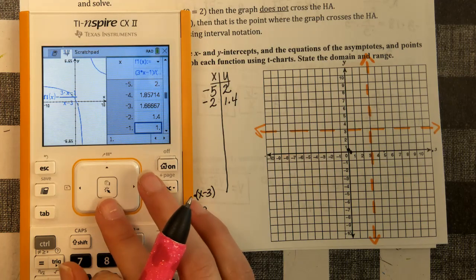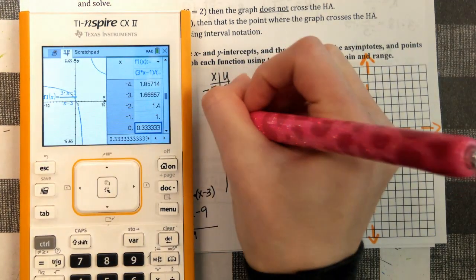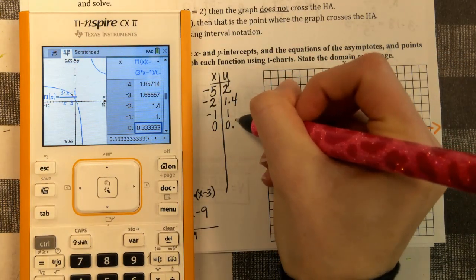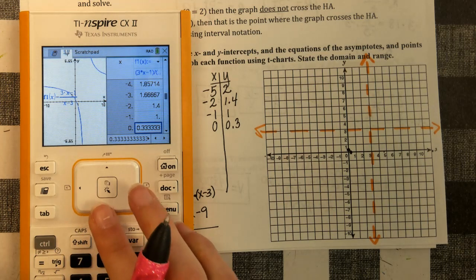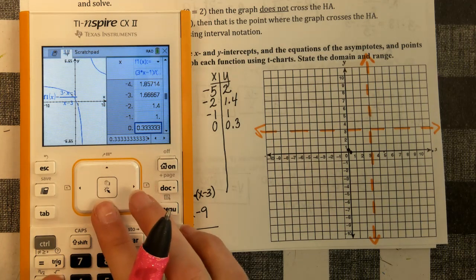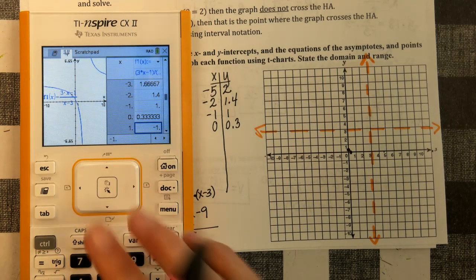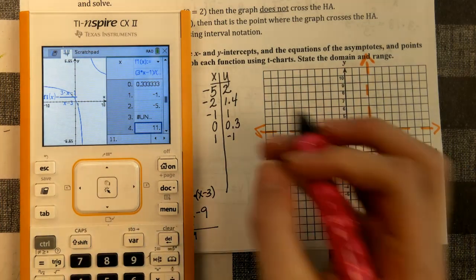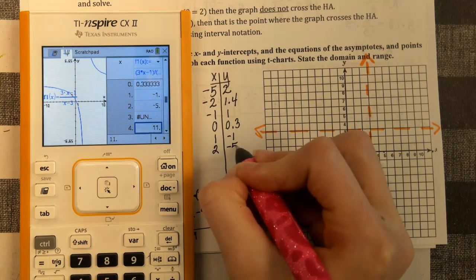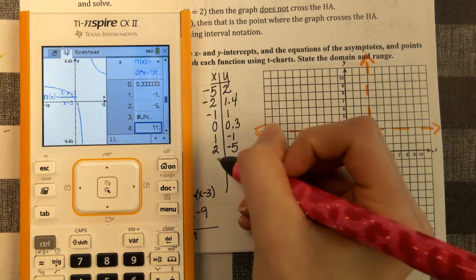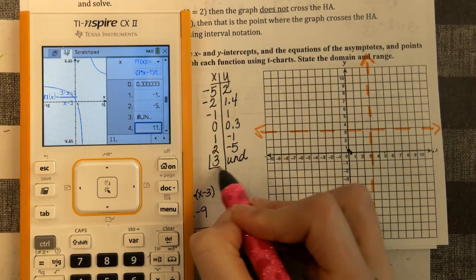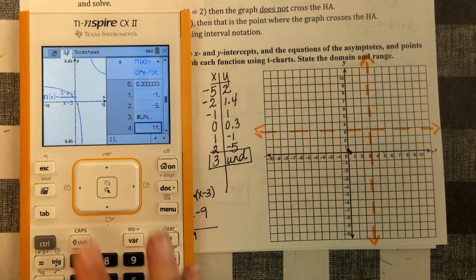And so I'll have that negative 1, 1. That 0, 0.3 is already on my graph from the intercepts. And then 1, negative 1. 2, negative 5. 3 is undefined because that is your restriction, and that's your asymptote.